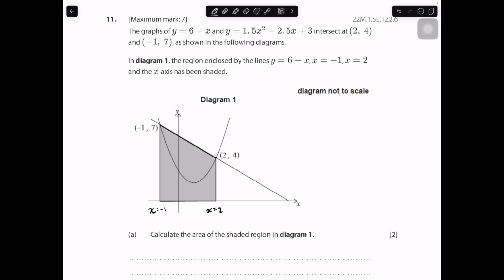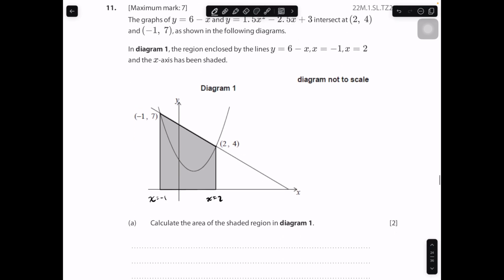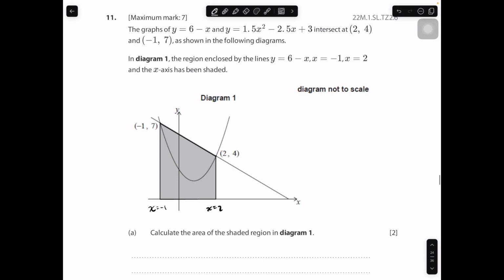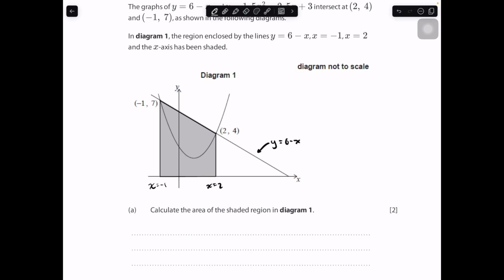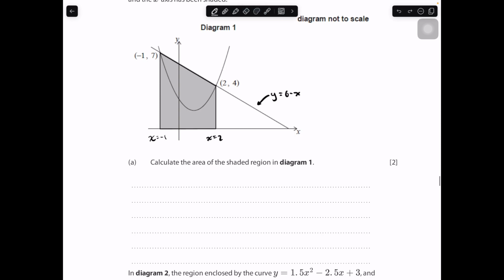Alright, calculate the area of the shaded region in diagram 1. That's not bad. So it's this function right here, y is equal to 6 minus x, that bounds the upper part. So if we want to find the area of the shaded region below some function, we can use our numerical integral of f of x dx.